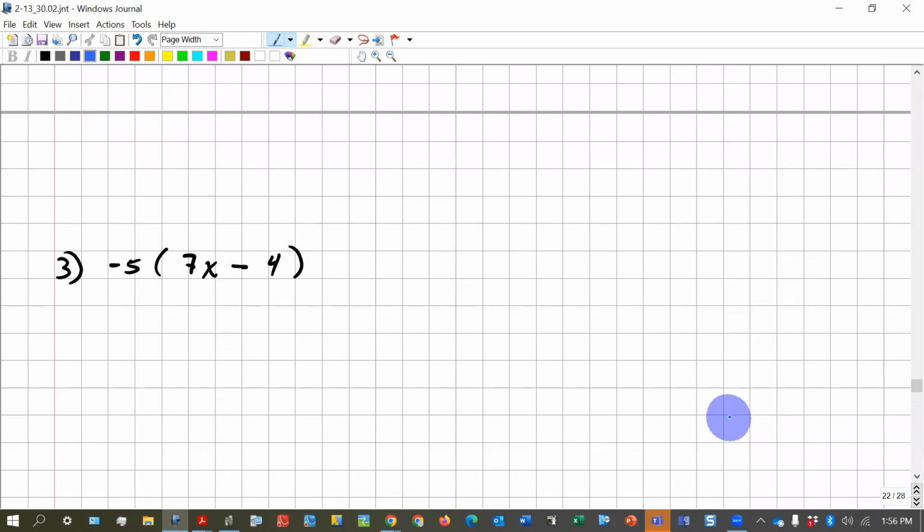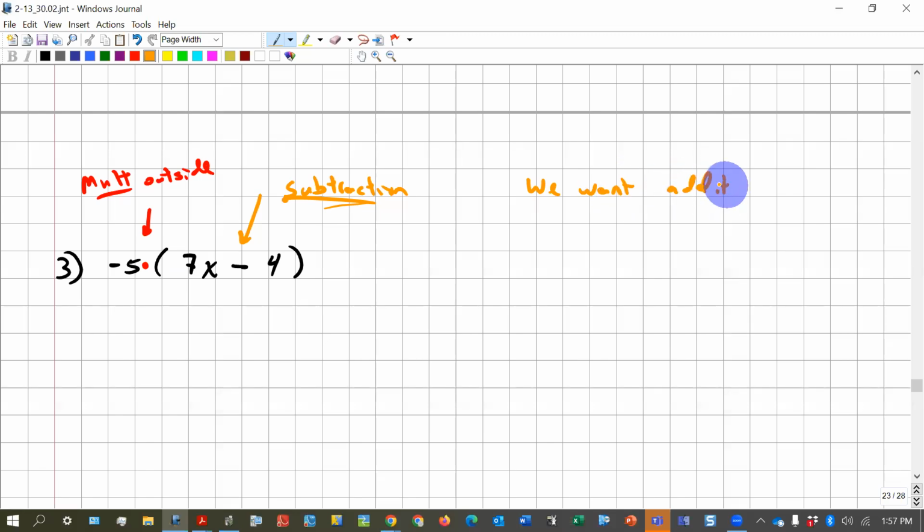Sometimes the number out front is itself negative. In this expression, we've got multiplication outside, but inside we've got subtraction. We want addition inside.